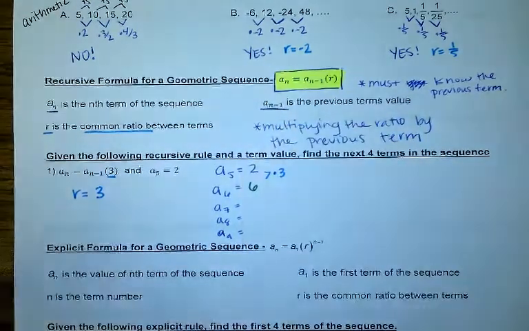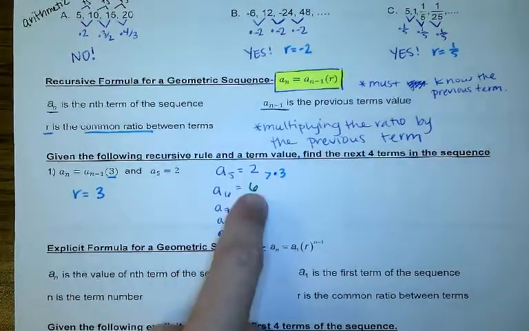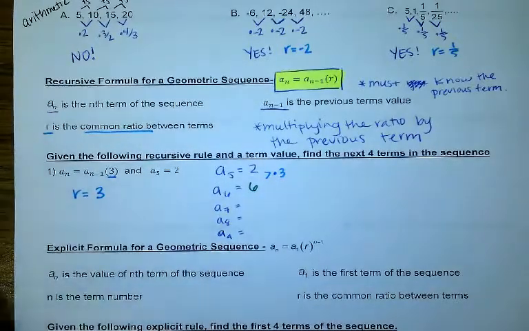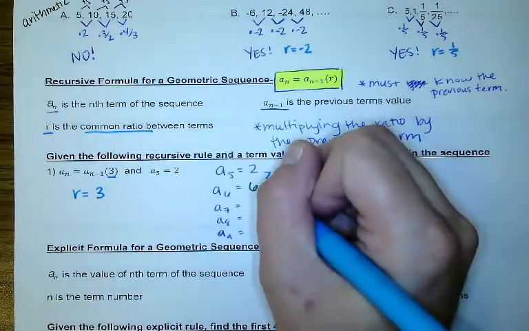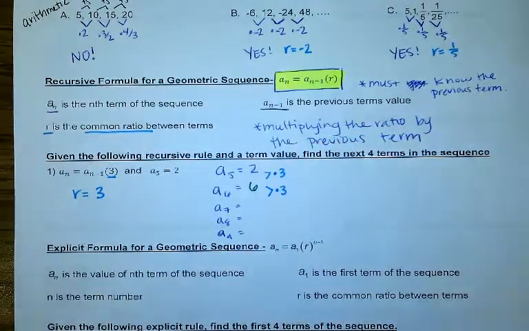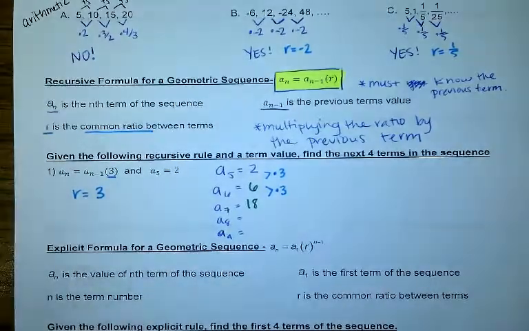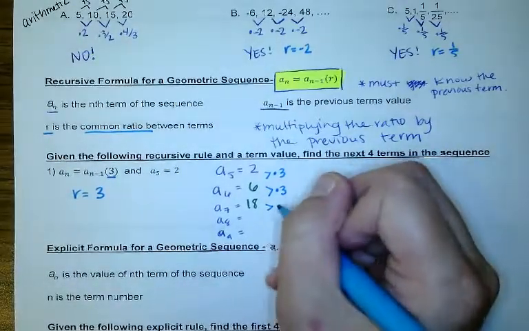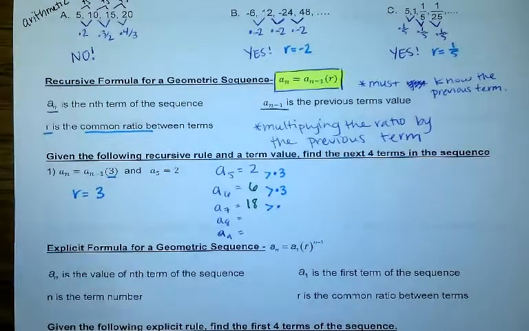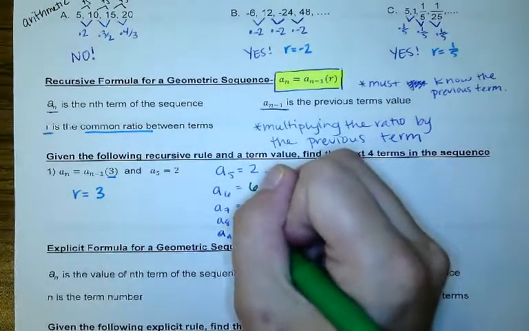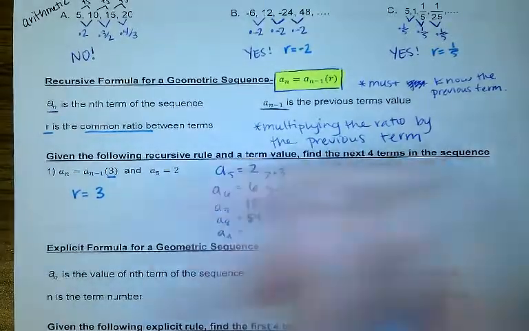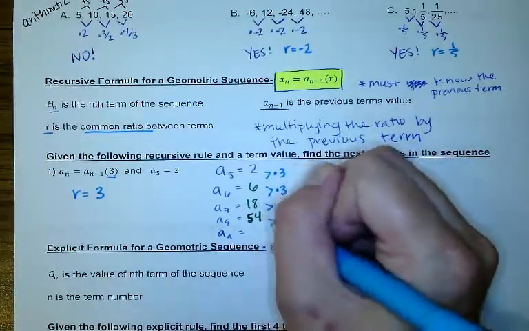So my sixth term is 6. And then 6 times 3 is 18. Then 18 times 3 is going to be, what is that, 54? Of course, I forgot to put times 3. And then 54 times 3 gives us what?